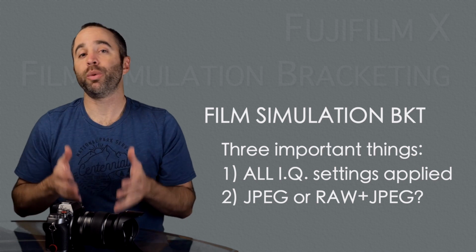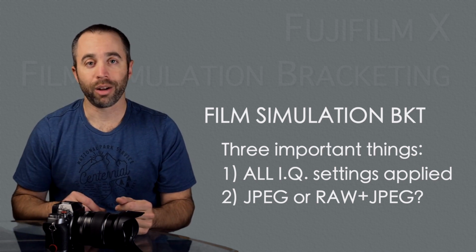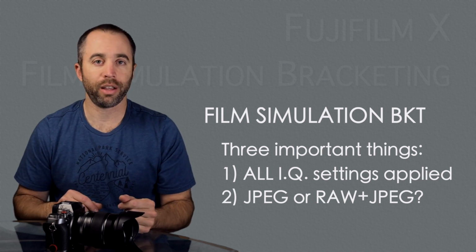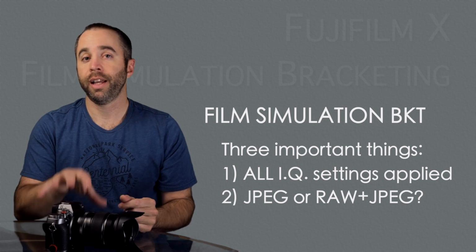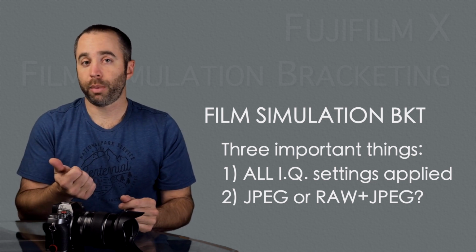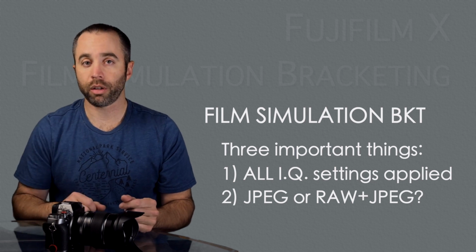Now, I don't know why you would do that, because you're just going to end up with 3 identical RAW files that are going to have to be processed anyways. It's a waste of storage, so I would only use this feature if you are recording only the JPEG, or RAW plus JPEG if your camera model allows you to do that.